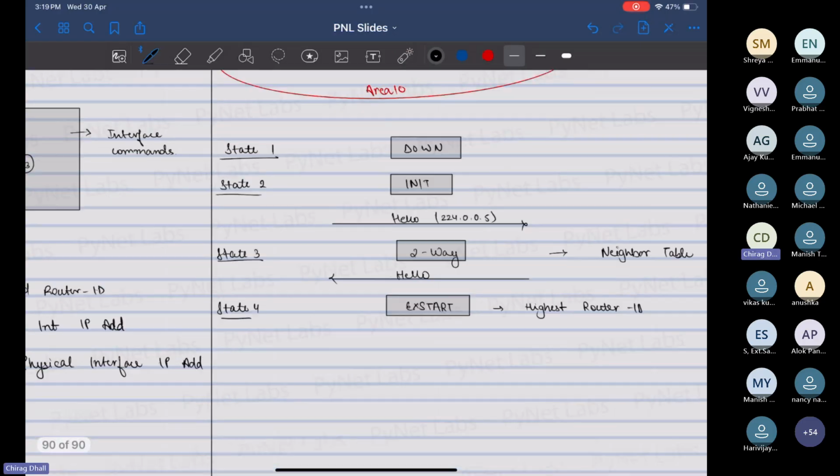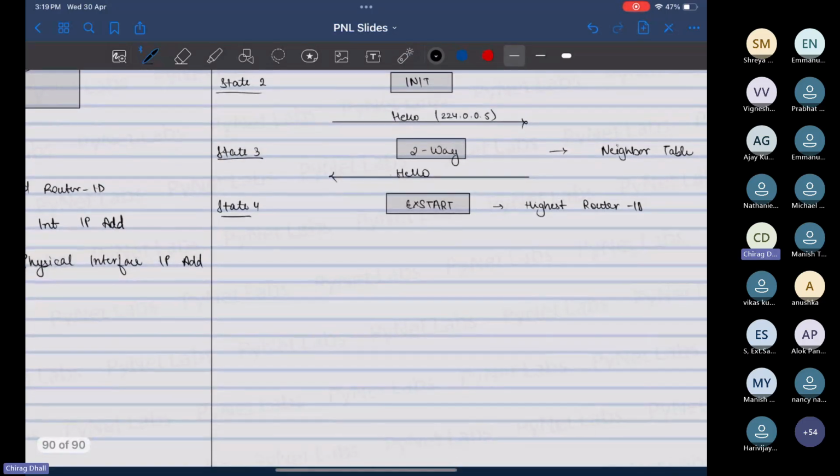So after we have decided who wins the election, who becomes the master, we get into state 5, which is called exchange.